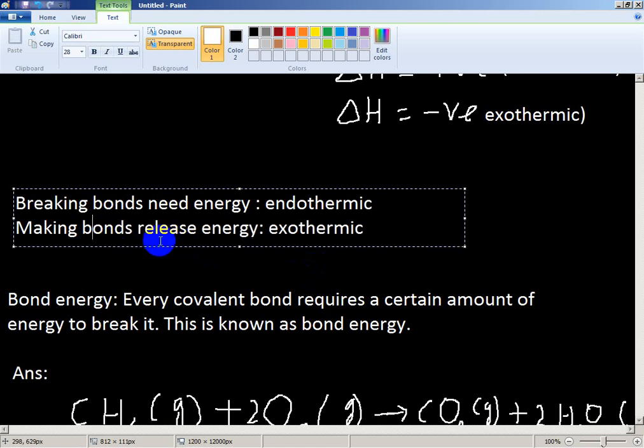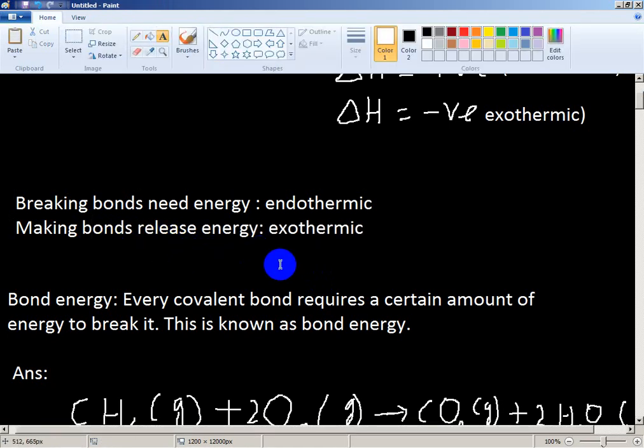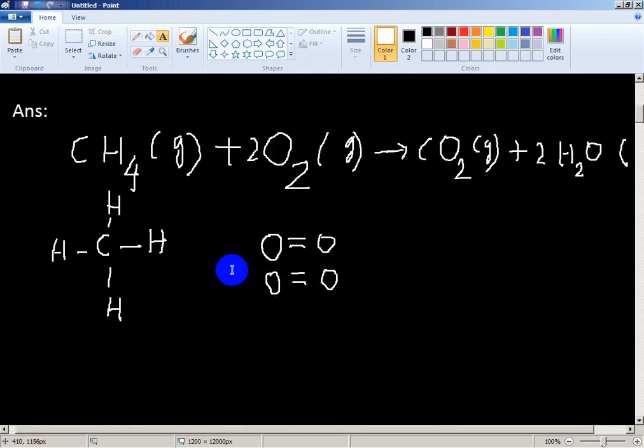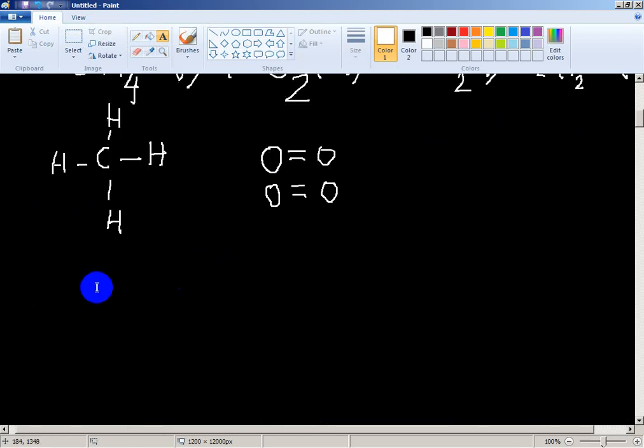Okay, breaking bonds needs energy. So at first you will find the energy of bond breaking. So it will be endothermic, positive.